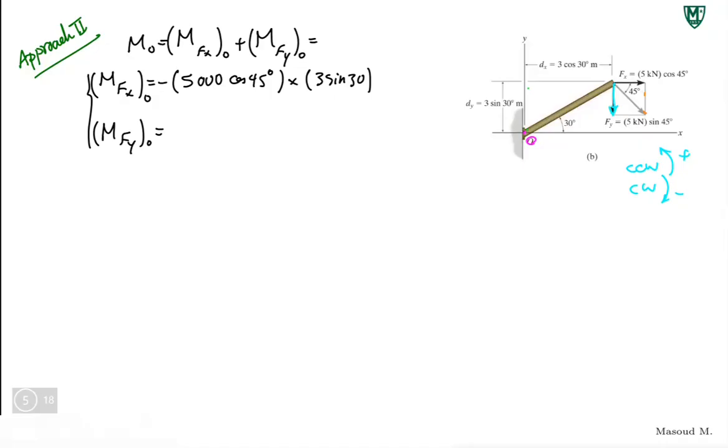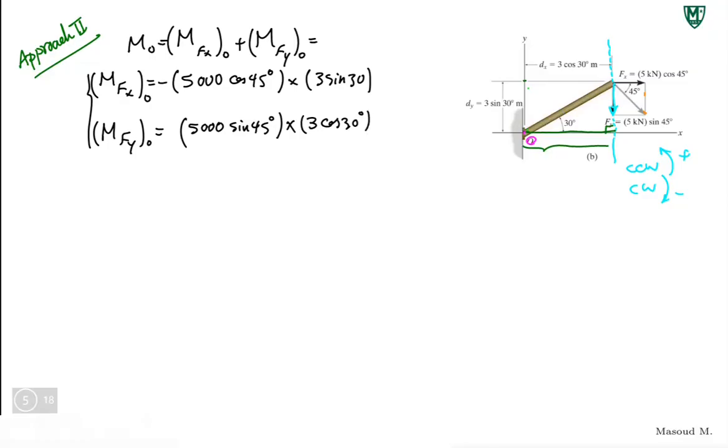Here is the line of action, and this is the perpendicular distance between the line of action and point O. So this is going to be your D. So this becomes 5,000 sine 45 degrees multiplied by, well, you already know that, it's written there, 3 cosine 30 degrees.